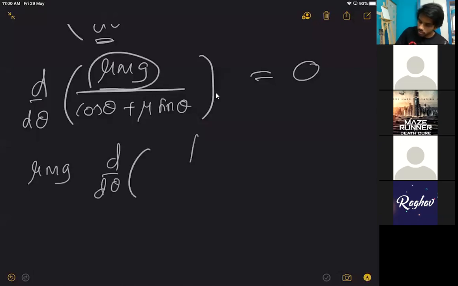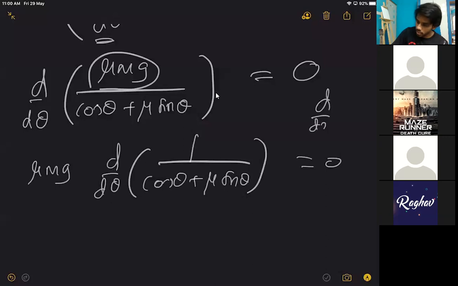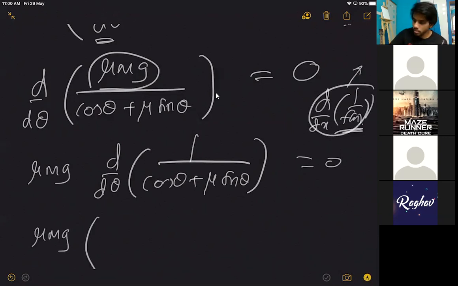d by d theta of 1 by cos theta plus mu sine theta. It is as if I'm differentiating d by dx of 1 by f of x. Remember that differentiation of 1 by f of x is minus 1 by f of x whole square times the differentiation of the inside.